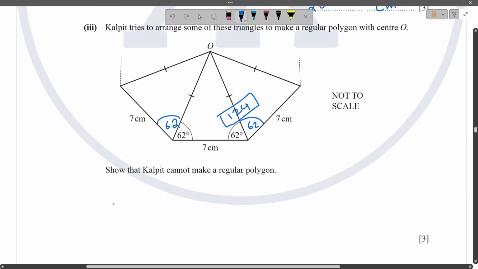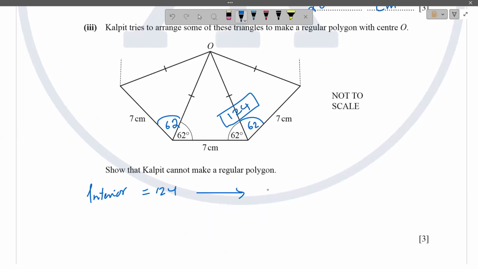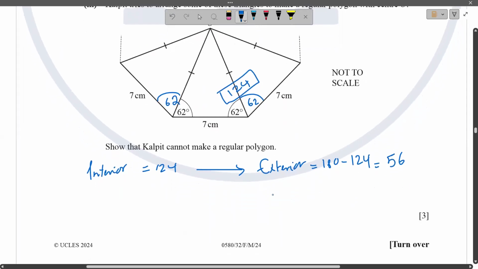As the interior angle is 124, the exterior angle will be equal to 180 minus 124, which is equal to 56.